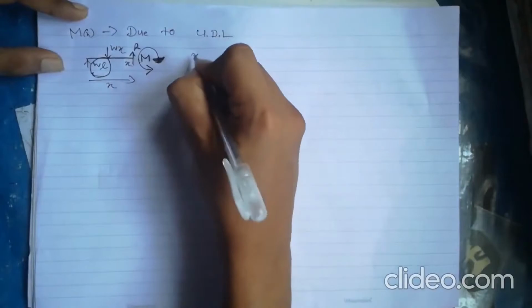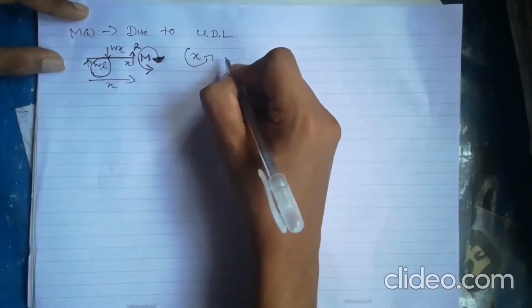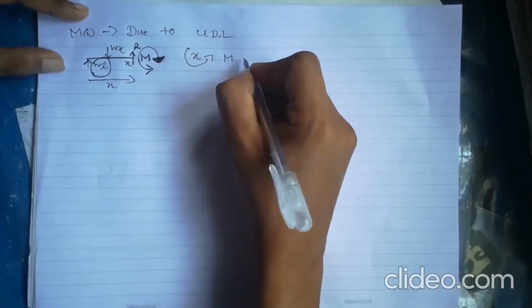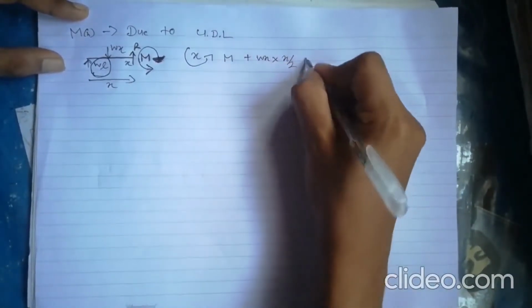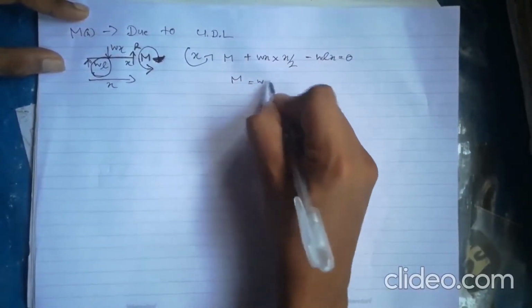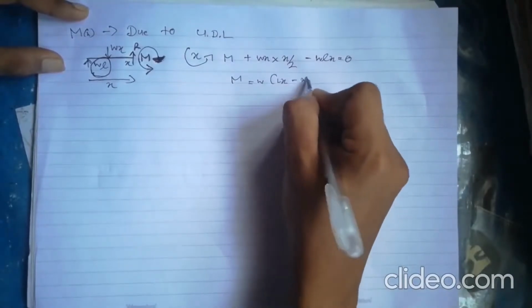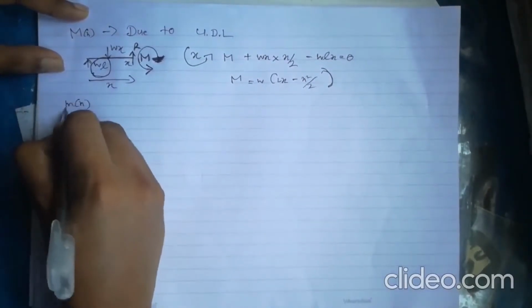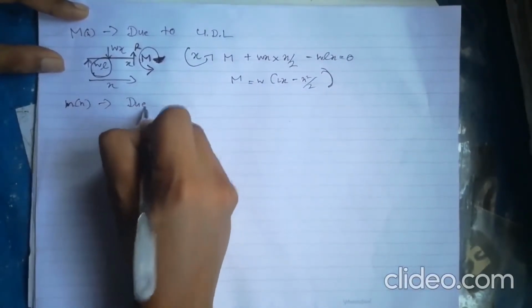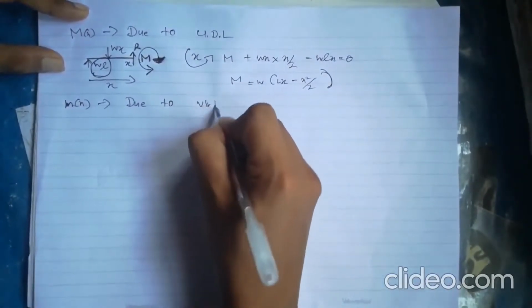Considering anti-clockwise as positive, I can find capital Mx as follows. Now small mx, which I mentioned before.